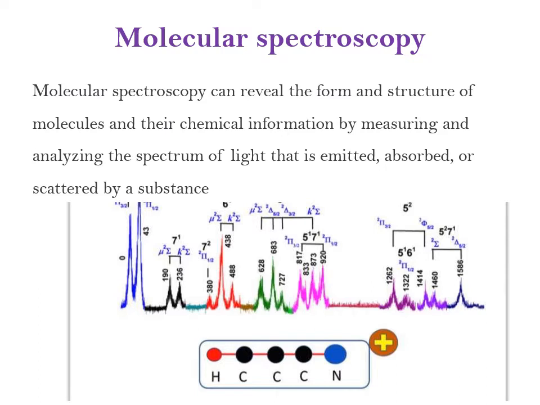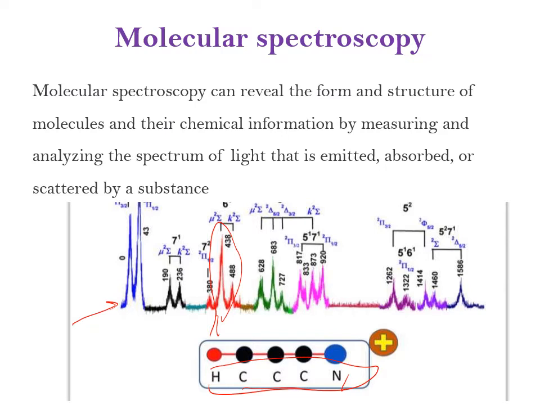As an example, this molecule, which is composed of hydrogen, carbon, and nitrogen, can give us a specific absorption spectrum as indicated on this diagram. For example, hydrogen has its own specific absorption spectrum at some specific wavelengths, which is around 438.